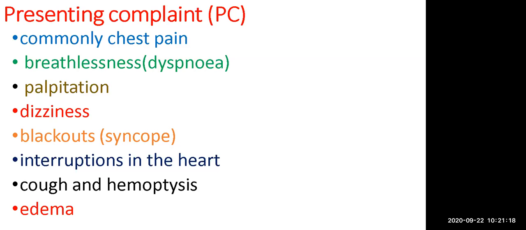So in heart disorders or cardiovascular disorders, mostly you will hear these complaints, and the most common complaint is chest pain.